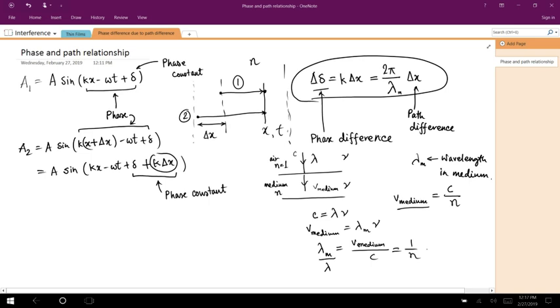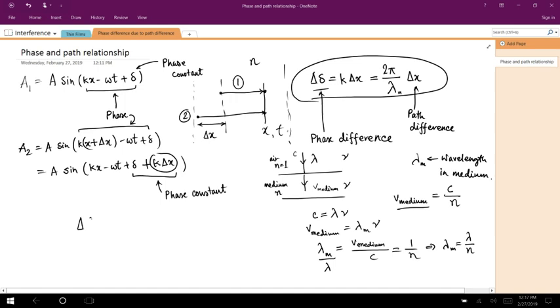So then you can work this out, that this means that lambda m is going to be equal to lambda over n. Okay, so then if this kind of path difference from phase difference, or the other way around, phase difference from path difference happens in a medium with refractive index n, what I should really be using is not lambda, not the wavelength of light, but lambda over n.